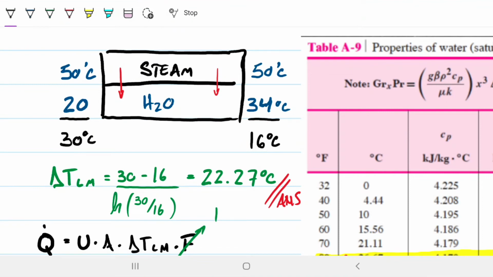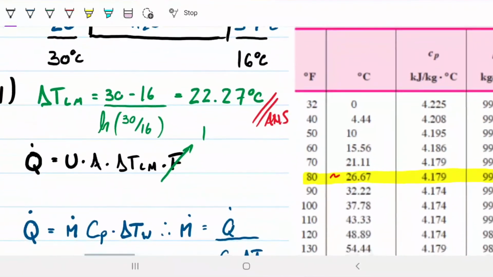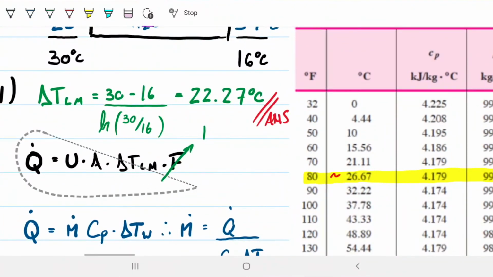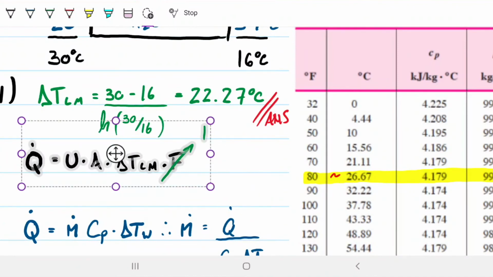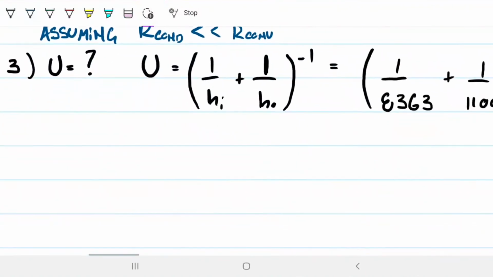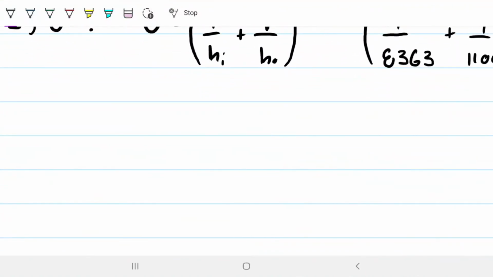Okay, so this is part 4, and like I said, we could have done this from the very start and just didn't do it so that we can follow the order. And then for part 5, we're asked what is the length of this guy. The length is, I guess, the trickiest part just because we need to remember that the length needs to take into account the 30,000 tubes we have in tube pass that each tube does, right?